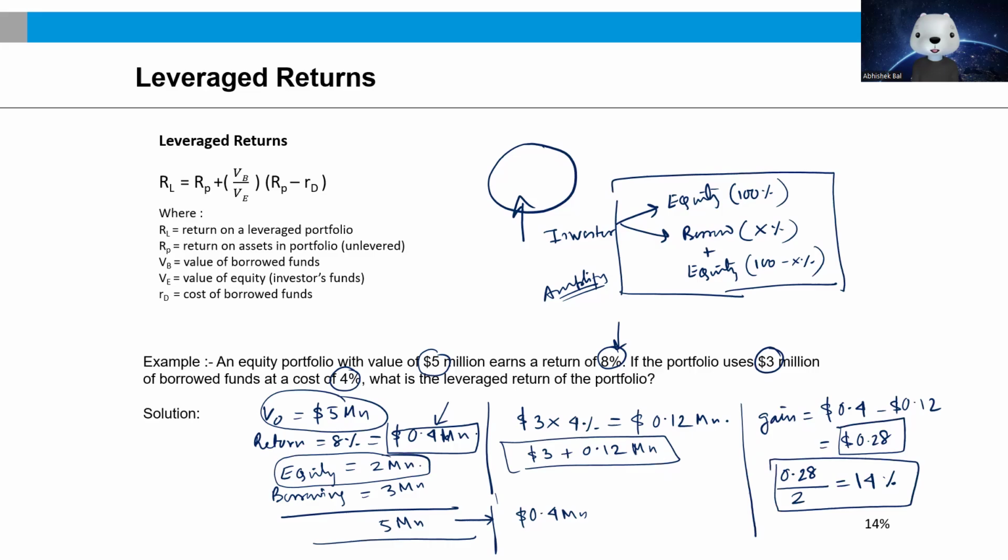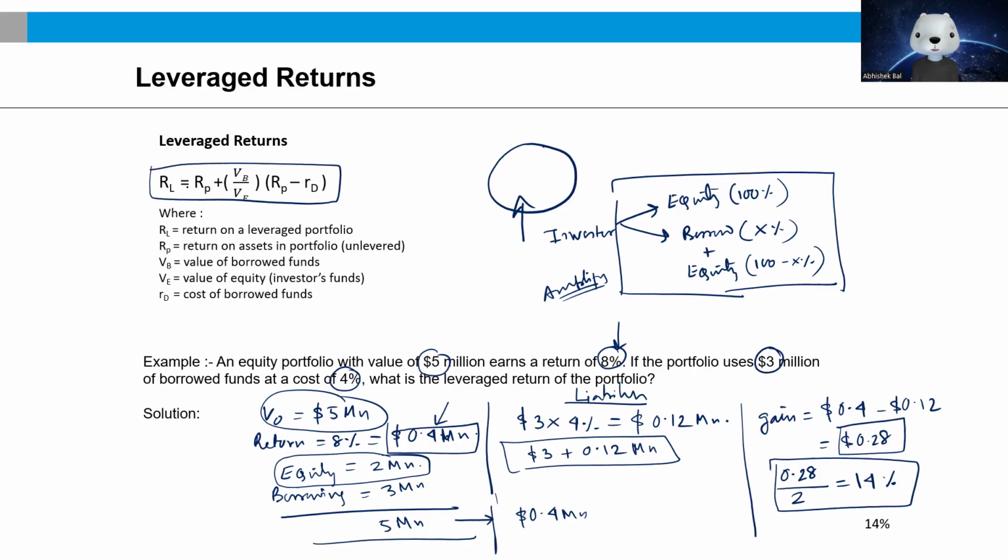Now, understand this. We did not use a single formula. We used the initial value, calculated the overall return, calculated the liability that the investor has to return to the bank, and then whatever was net remaining after retiring that liability along with the interest becomes the investor's gain. And that whole thing is now being represented out here through this formula.